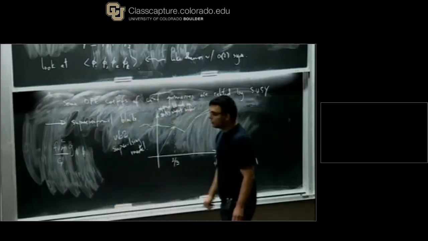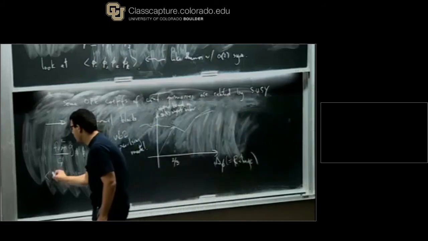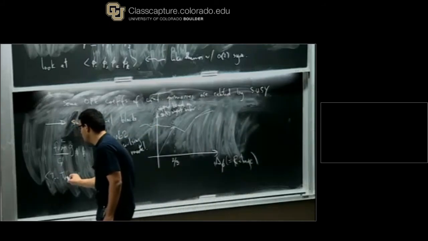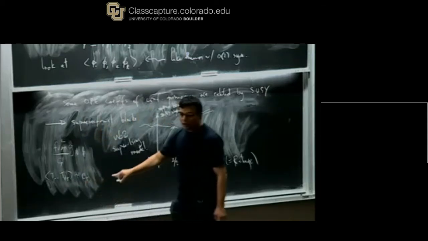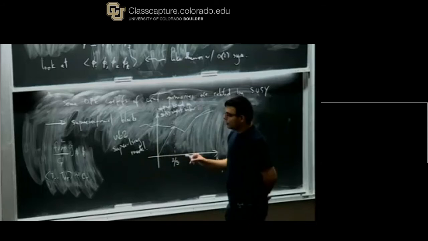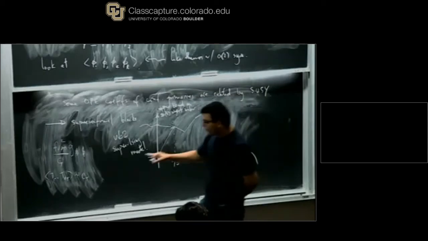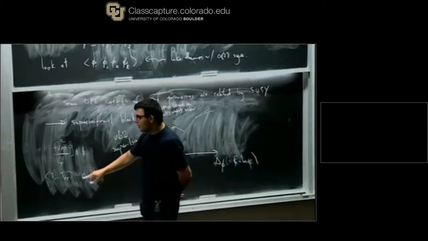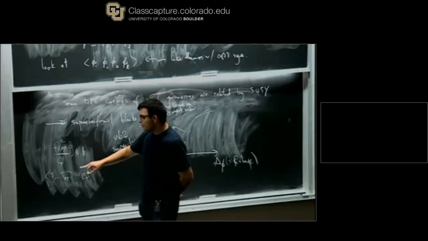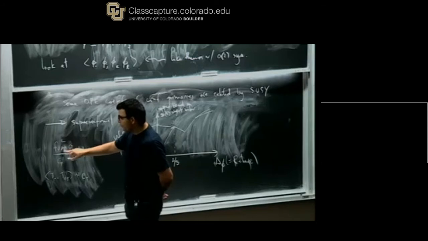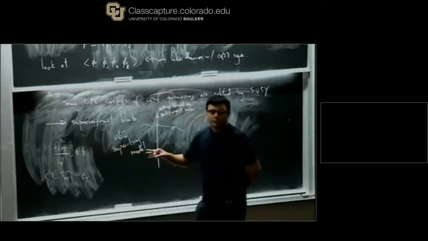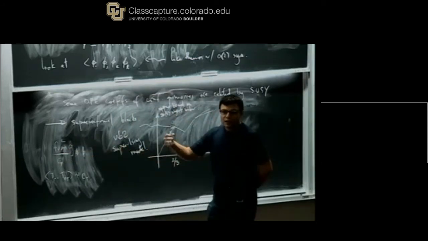What you mean, so the 2-point function of the stress tensor, T mu nu T rho sigma, would be proportional to CT. What you mean by CT is this coefficient, provided that the OPE coefficient of phi phi T is simple, provided that the stress tensor is canonically normalized.